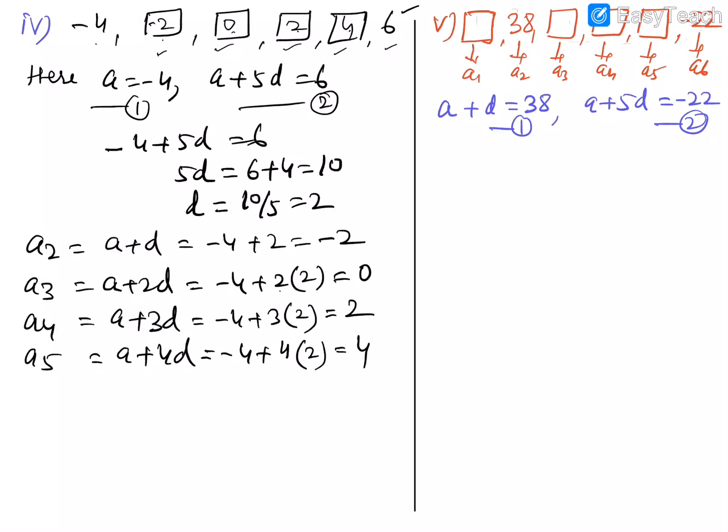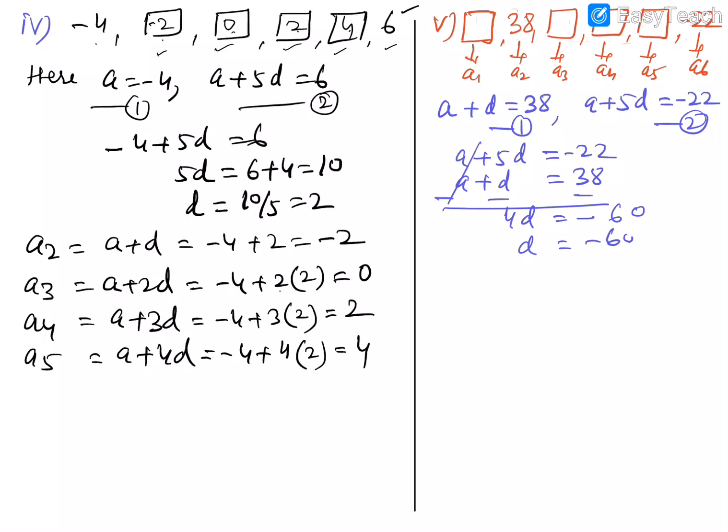So subtracting these two equations, a plus 5d is equal to -22 and a plus d is equal to 38, on subtraction a cancels out and this gives 4d is equal to -60. So d is equal to -60 by 4, that is -15.